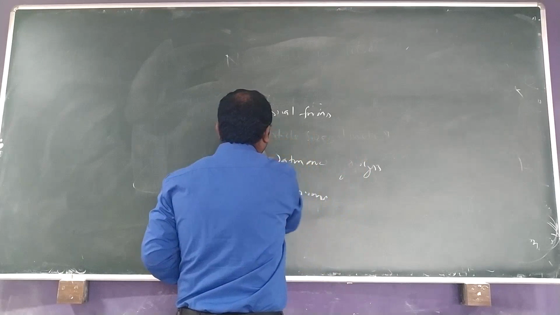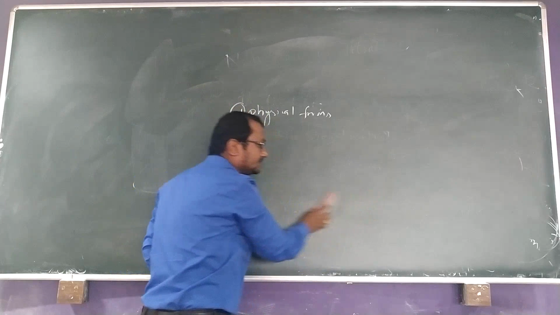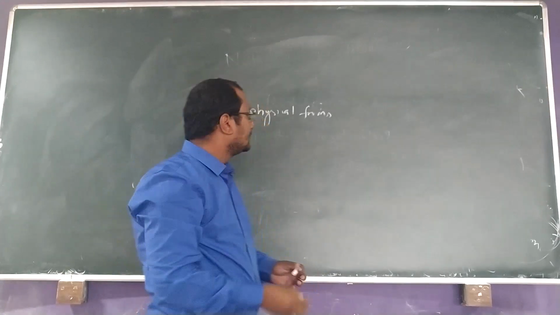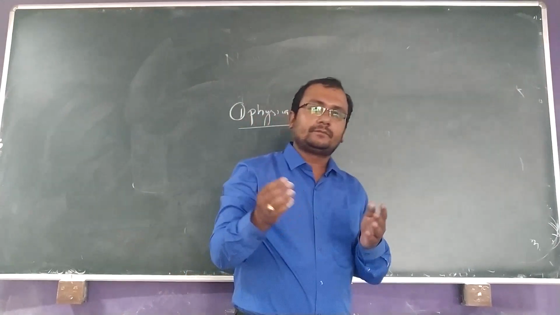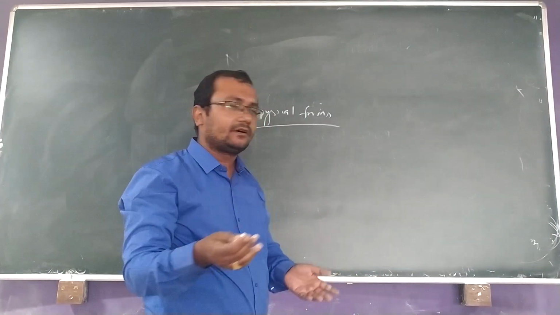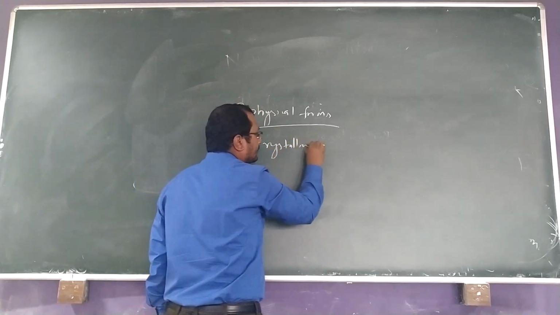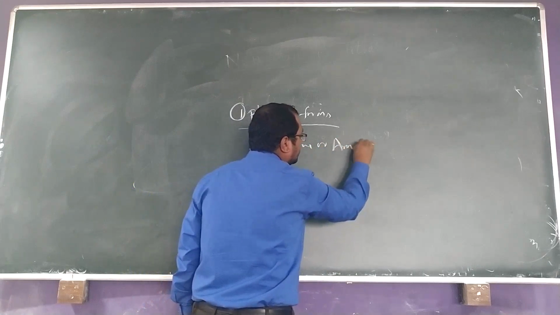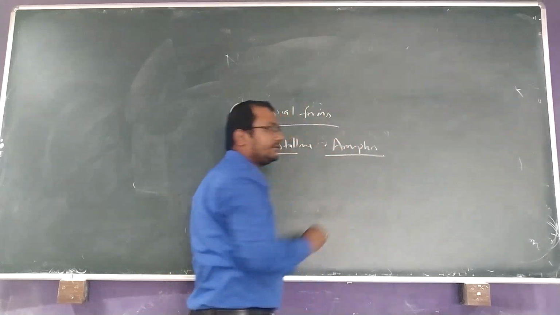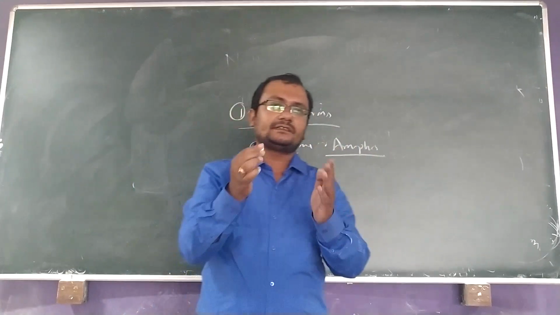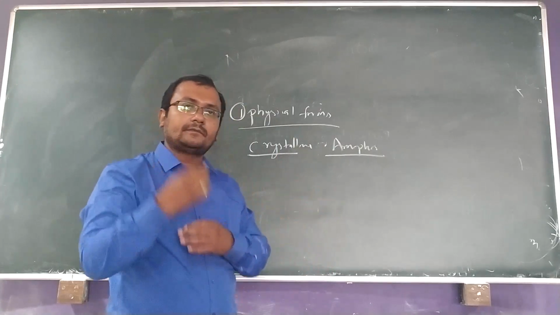Let us discuss about these physical forms. What is the physical form of the drug molecules and excipients? Generally physical form of any solid particle is maybe crystalline form or amorphous. These are the two types of structure that we will see in every solid, not only drug molecules, also in the excipients.